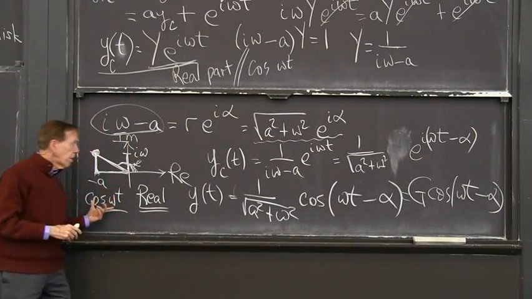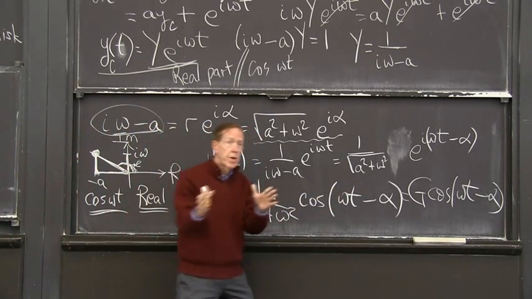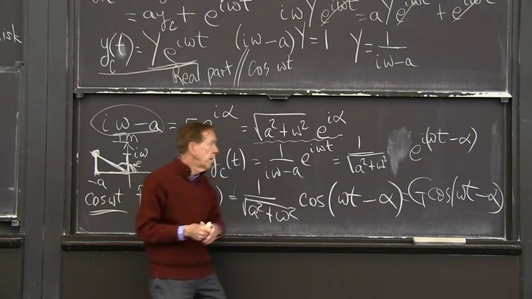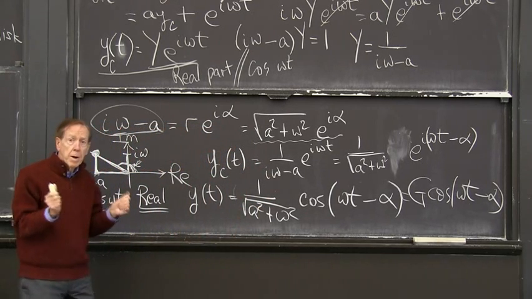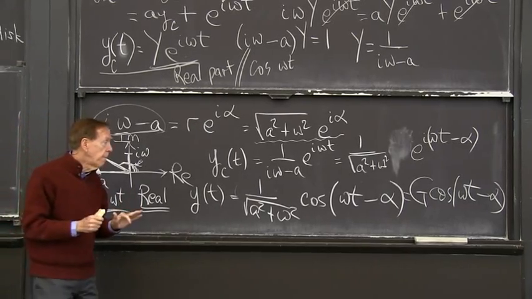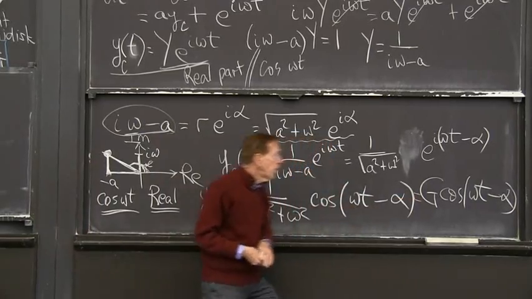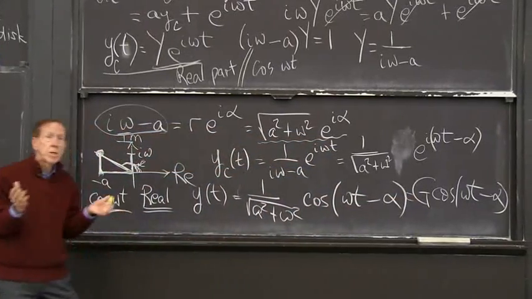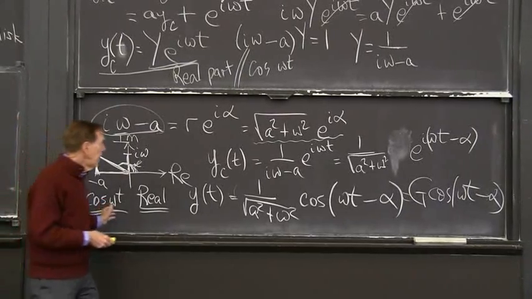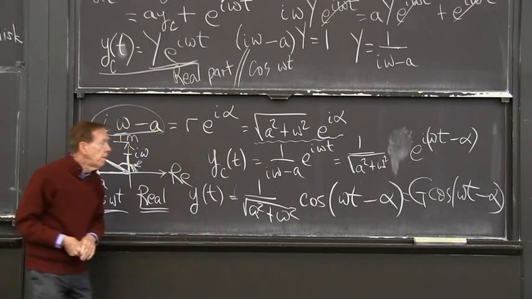The input is a pure cosine, but the output is a shifted cosine, which is also a combination of cosine and sine. So there you've used complex numbers, maybe the first time, maybe not, to get the nice form for the answer. And of course, if the input was the sine of omega t, then I would have the same thing, that would be a sine.